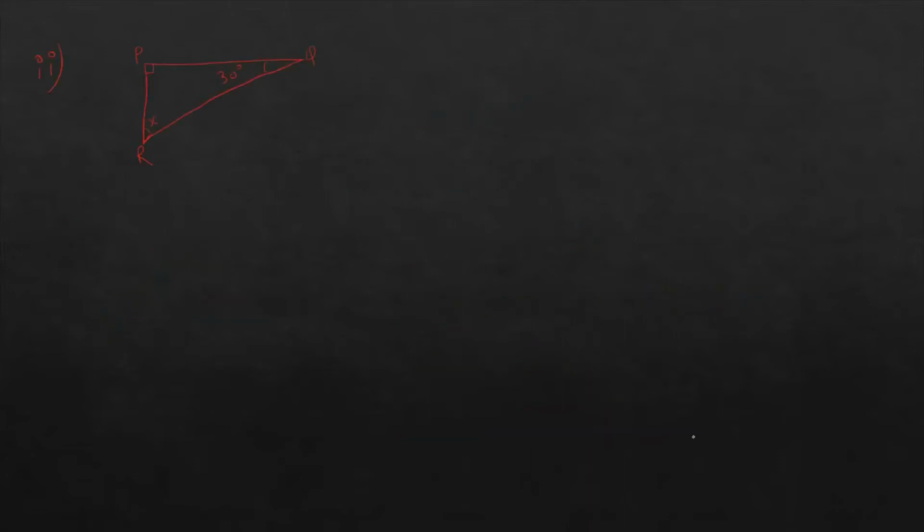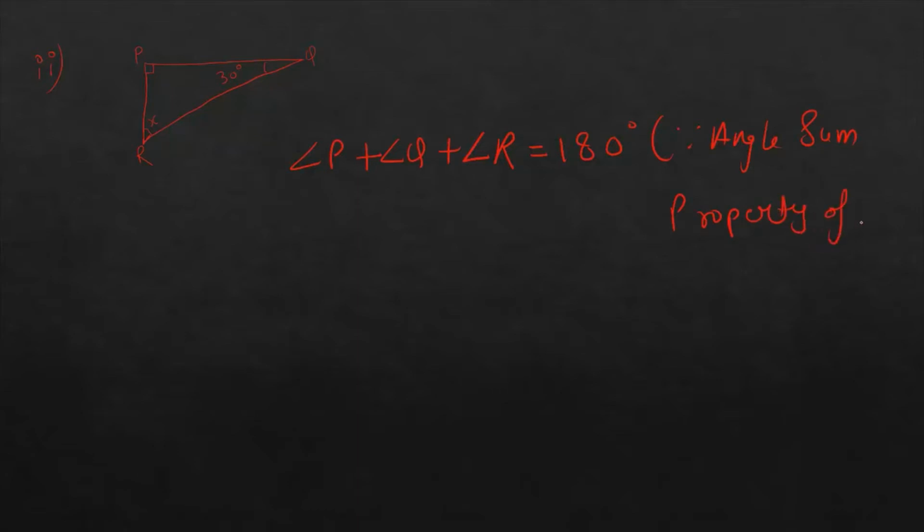Next question. The second part is, here it's a right angle triangle. So angle P is 90 degrees, angle Q is 30 degrees and we have to find the value of X, that is angle R. Angle P plus angle Q plus angle R is equal to 180 degrees. Angle sum property of a triangle.